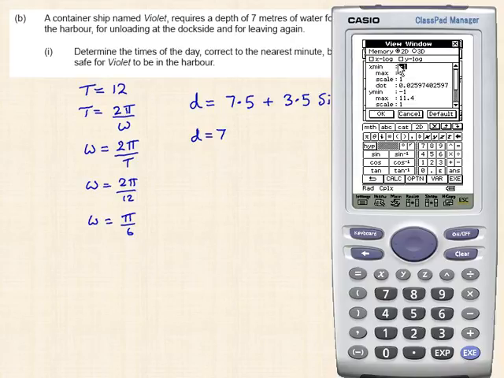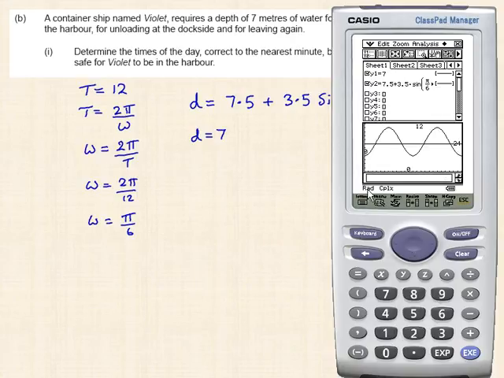We need a better view on that. So if we make the x minimum 0 and the maximum 24, the same as it was on the other graph, and let's go from y is 0 to 12, then we should get the whole graph in. And the y1 is 7 is just here as well, and we want the points of intersection. So analysis, gsolve, intersect, and it's going to find this one first.